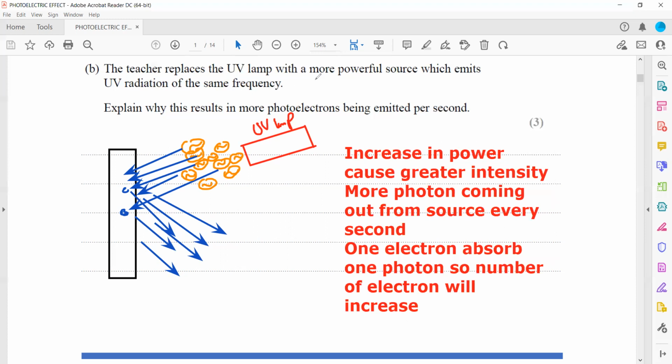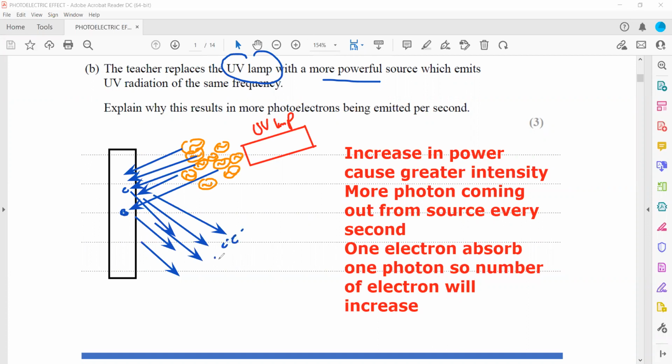What happens if a teacher replaces a UV lamp with a more powerful one? If the UV lamp is more powerful, it means it is emitting more photons every second. And the greater the number of photons, we know in the photoelectric effect, one photon is absorbed by one electron. So more photons means more electrons absorb photons, and a greater number of electrons will come out from the metal surface.